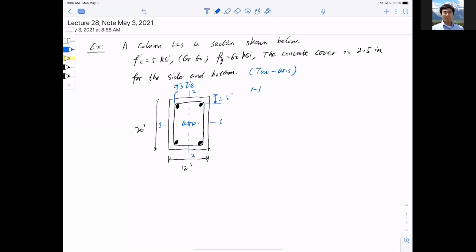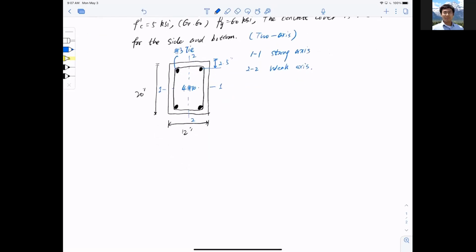Before you do anything, label it out. 1 is the strong axis. Why? Because 1 is perpendicular to the height direction, and when we talk about the moment of inertia, 1/12 bh cubed. So 1 is the strong axis, and 2 is the weak axis. You know that already.